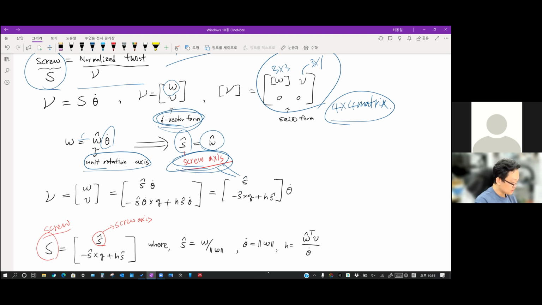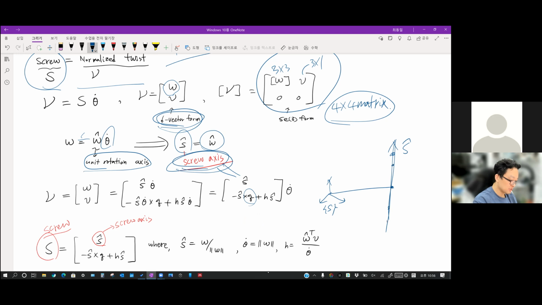In the screw expression, there was Q. Q was the distance from the S frame to some point along the screw axis.